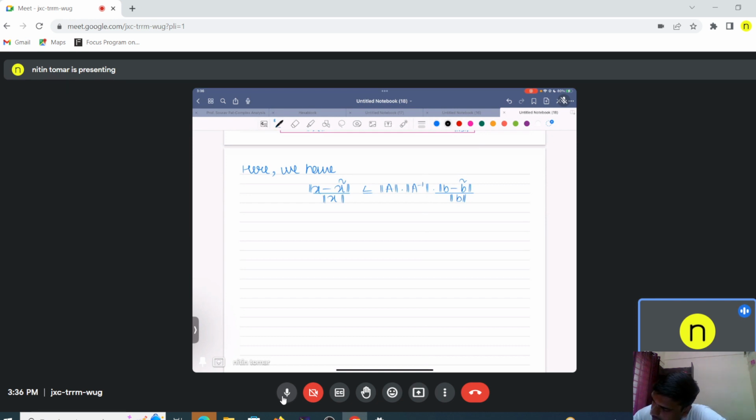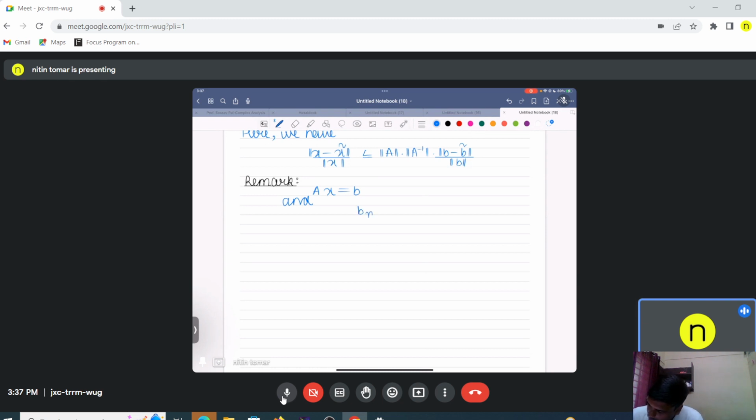See, sometimes it so happens when you're solving a system, so for example you are solving this system Ax equal to b and you perturb b, you take some approximation for b and let it be b tilde, some perturbation of b, or maybe some approximation of b, then obviously you will not get the same x. So here the x will also change, right?